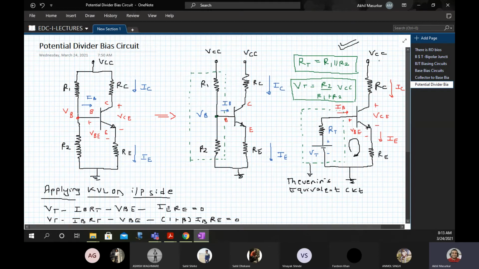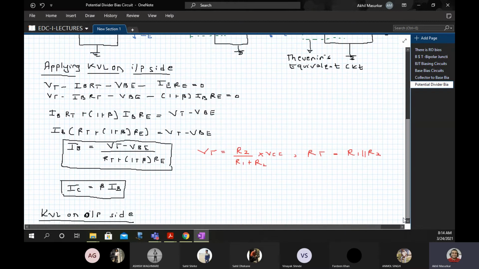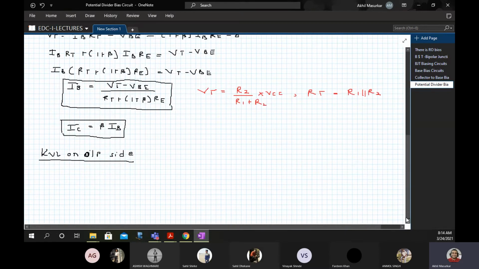So it is VCC minus IC RC minus VCE minus IE RE equal to 0.